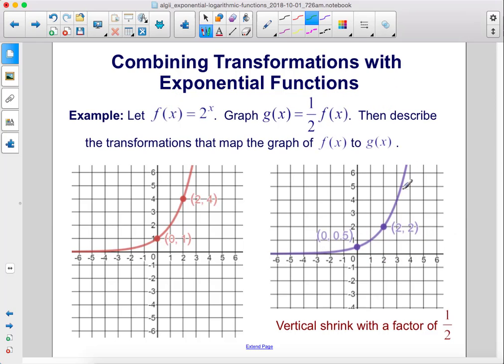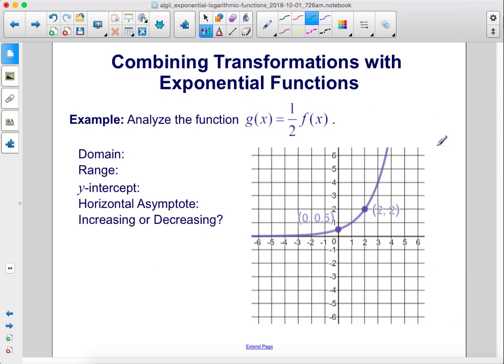You can see that the graph of g of x has vertically shrunk towards the x-axis with a factor of 1/2. Let's analyze the function. So we have g of x equals 1/2 f of x, where f of x was 2 to the x power. So this equals 1/2 times 2 to the x. What's the domain? Well, the domain is all real numbers, which is from negative infinity to positive infinity.